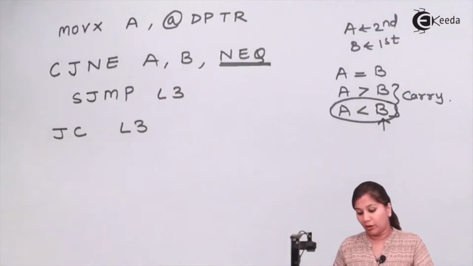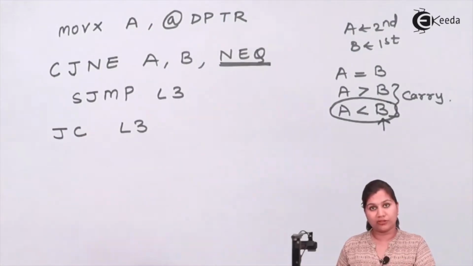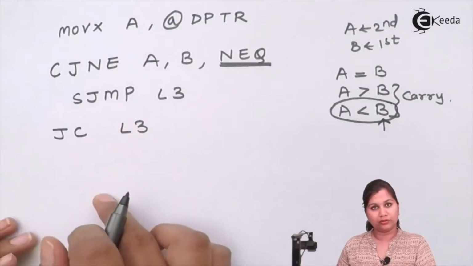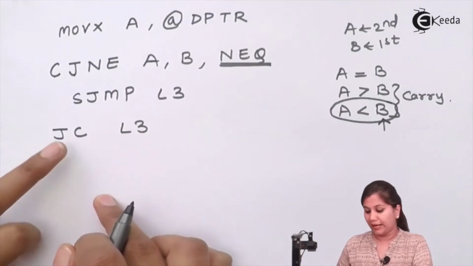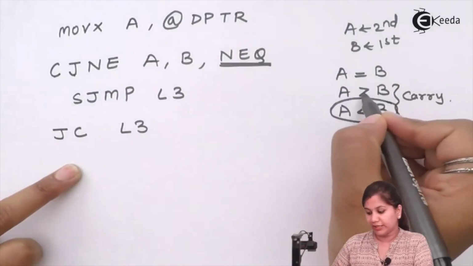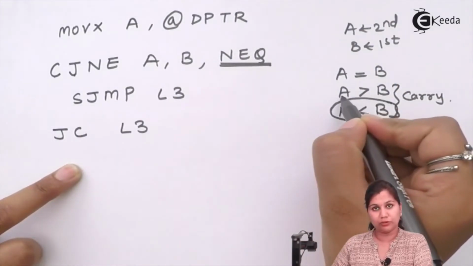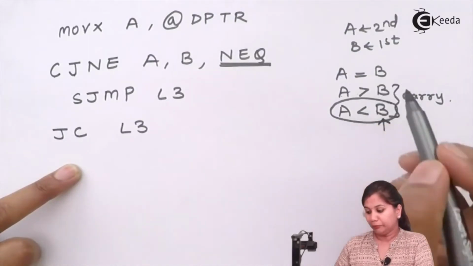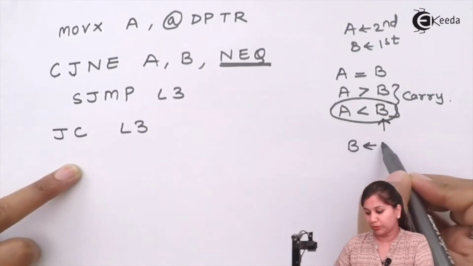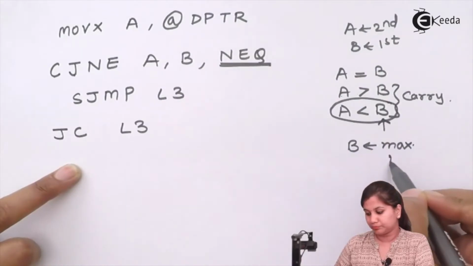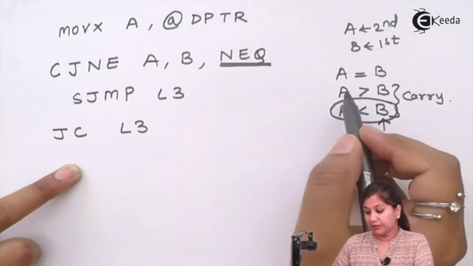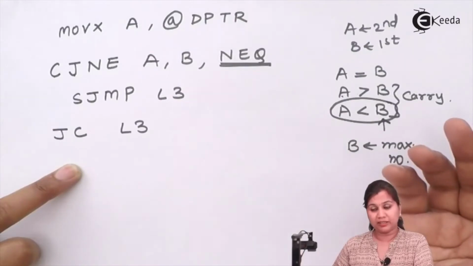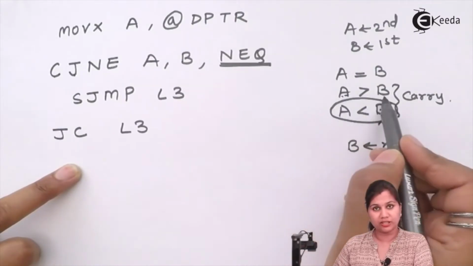Now, if the carry is not generated, then it is going to go to the next step. The carry is not generated when the number in the accumulator is greater than B. But we want that in B we will have our maximum number. But in the accumulator we are having a greater number, so we have to exchange the contents.